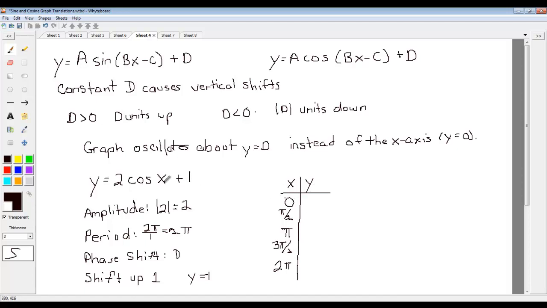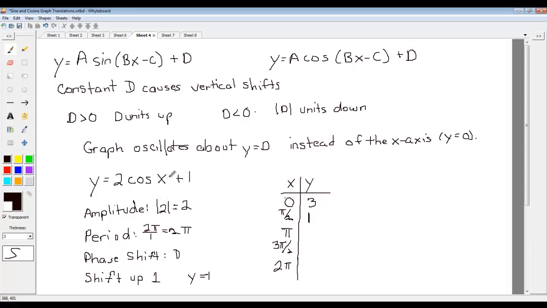Okay, 0. Cosine 0 is 1. 1 times 2 is 2. So you get the stretch of 2, but then you're adding another 1, so it shifts up to 3. Pi over 2. Cosine of pi over 2 is 0. Times 2 is 0. Plus 1 is 1. So instead of being at 0, we're shifted up 1.